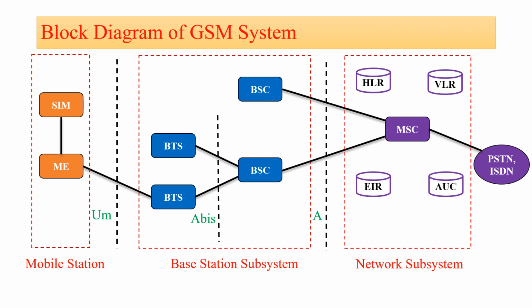Now the EIR is another database that keeps the information about the identity of the mobile equipment, such as the International Mobile Equipment Identity, that is IMEI, that reveals the details about the manufacturer, then the country of the production and the device type.